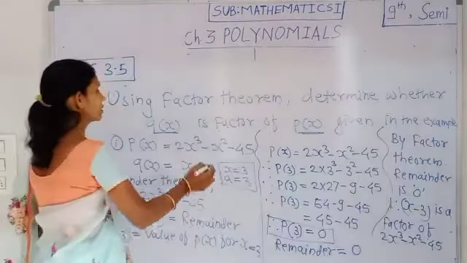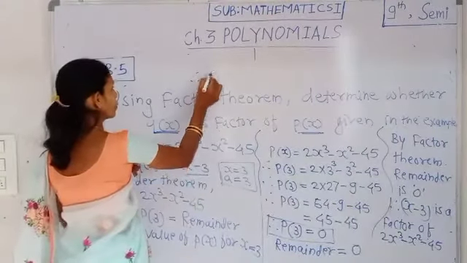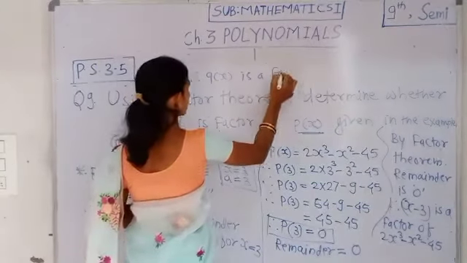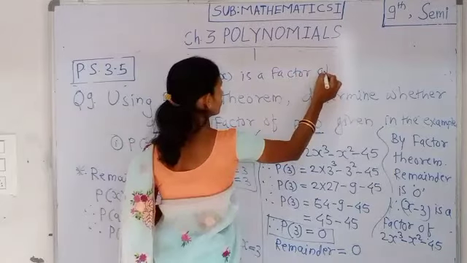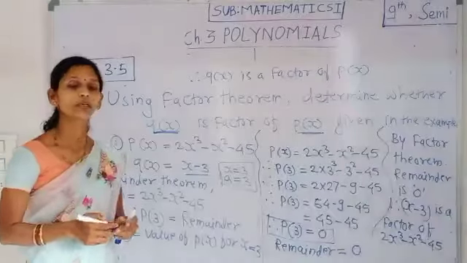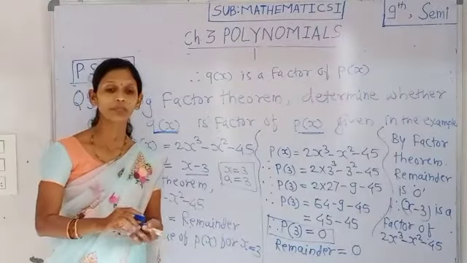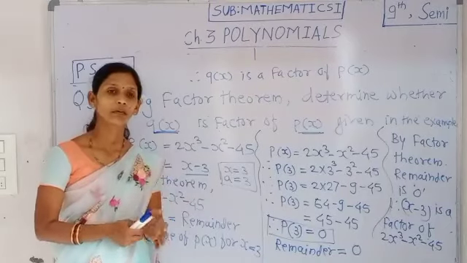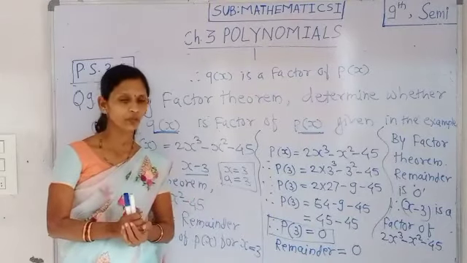That means q(x) is a factor of the polynomial p(x). That is all about the examples given in practice set 3.5.